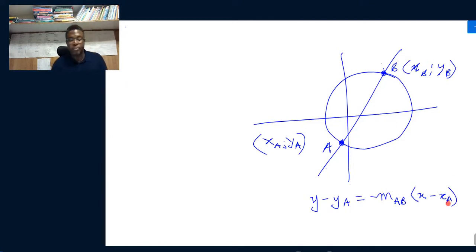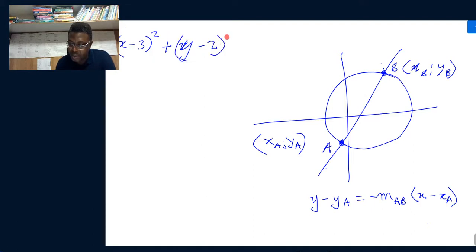So this might happen. You also find that you have the equation x minus 3 all squared plus y minus 2 all squared equals 32 maybe.